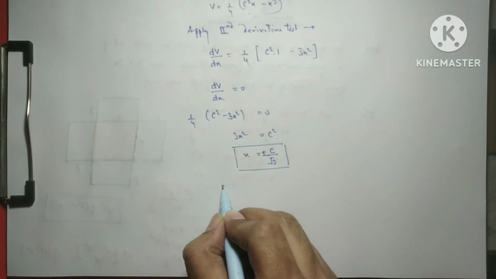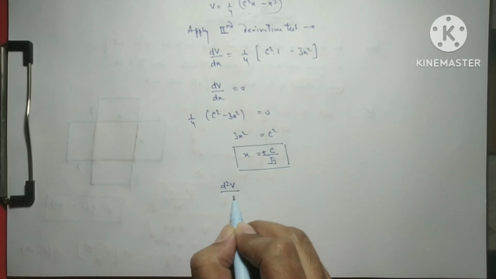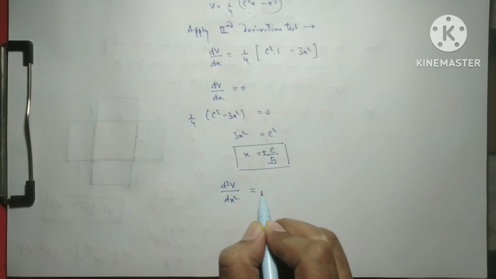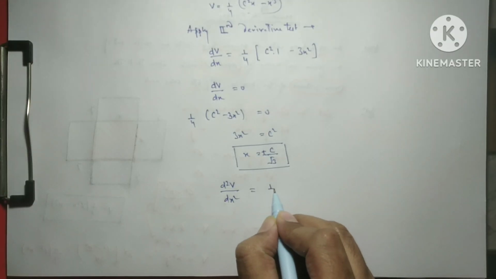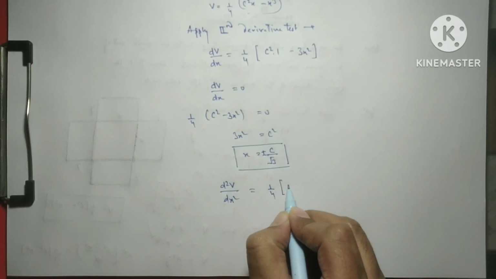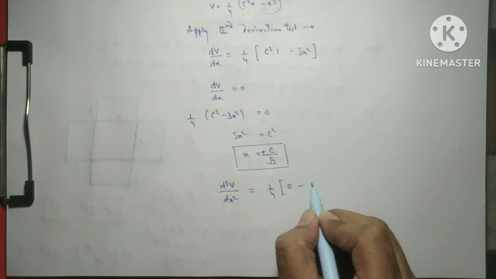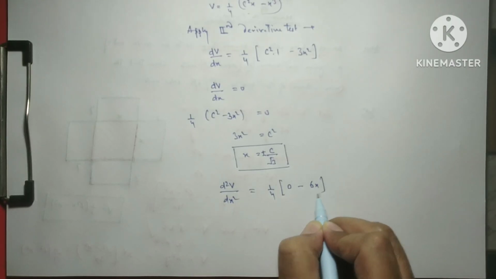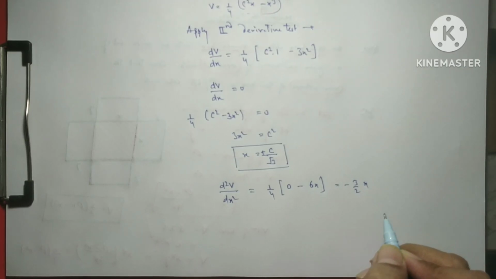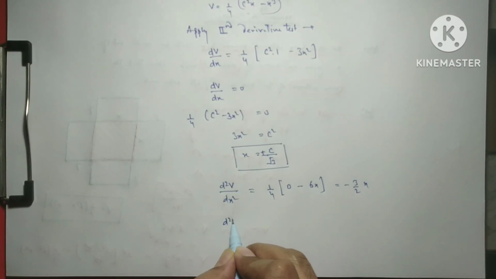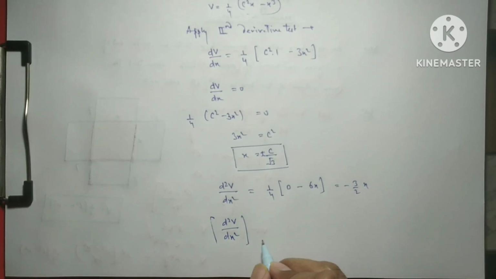Now the second derivative, d2V over dx square. So differentiate this expression again. We have 1 over 4, differentiation of c square is 0, and there is 6x. So it is minus 3 by 2 x. So d2V over dx square at x equals c by root 3.